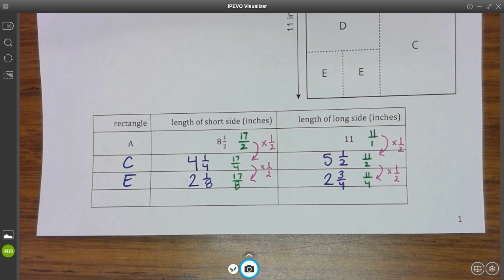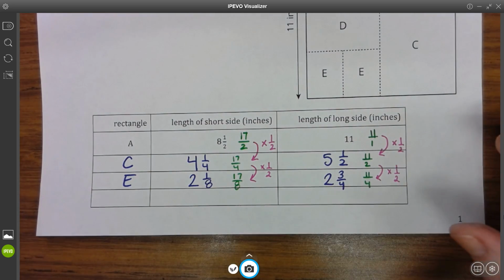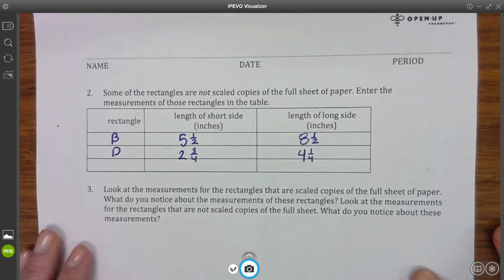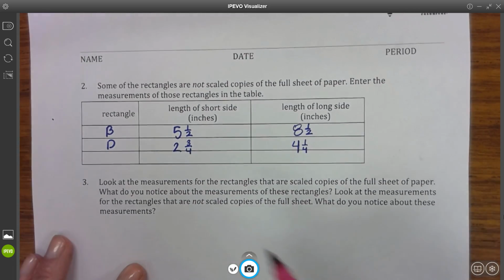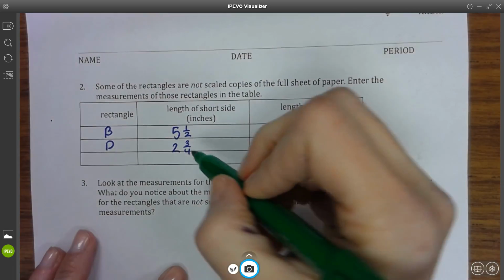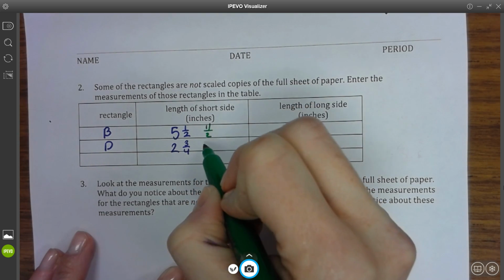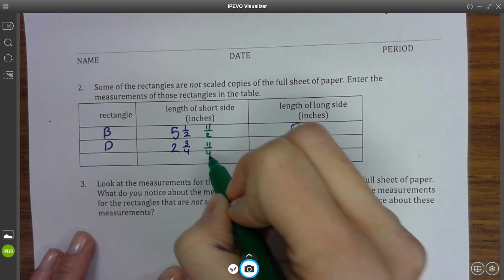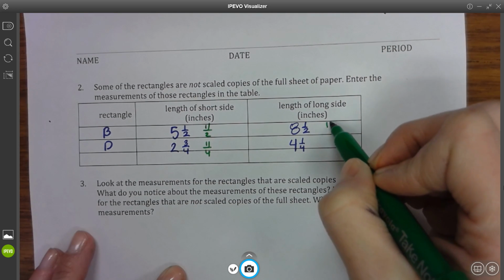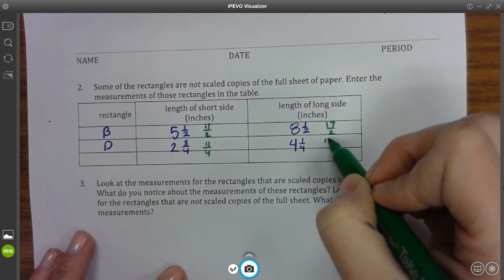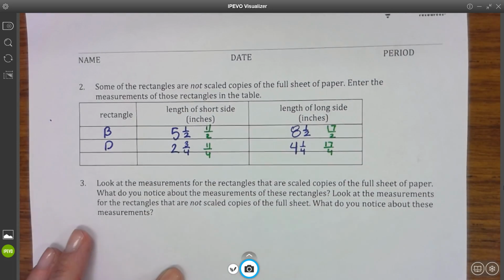That's pretty interesting. Let's take a look at our other table. So if we look at our other table, let's get our improper fractions again. So I get 11 over 2 and 11 over 4, 17 over 2, 17 over 4.